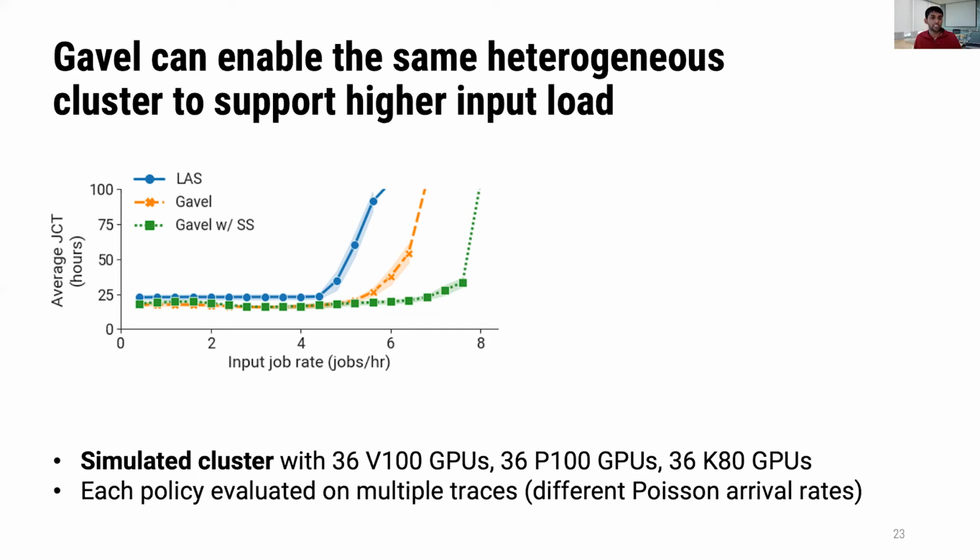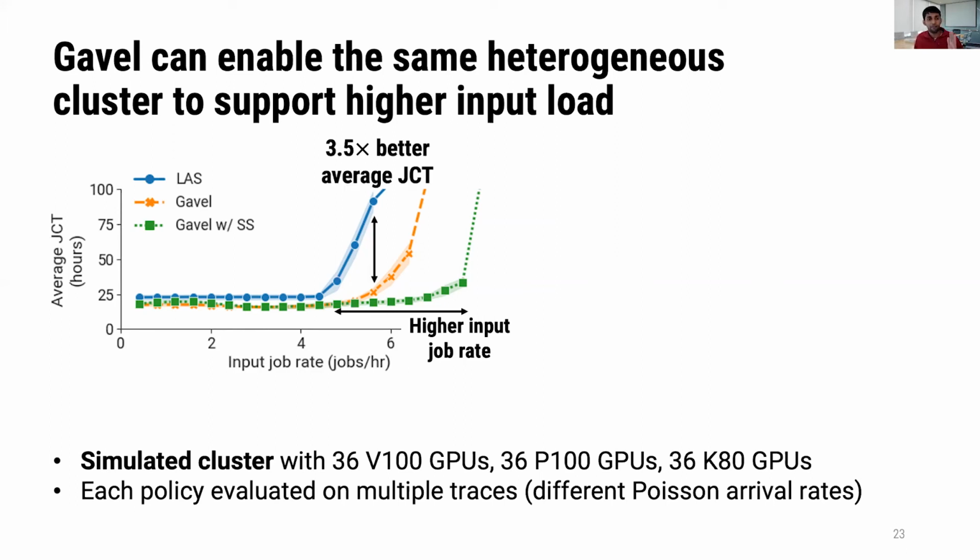And on the y-axis, we show average job completion time for each of those arrival rates. We want to make a couple of key observations from this graph. The first is that Gavel's heterogeneity-aware policies, the orange and green lines, support much higher average input job rate than the heterogeneity-agnostic LAS policy shown in blue, using the same set of resources.